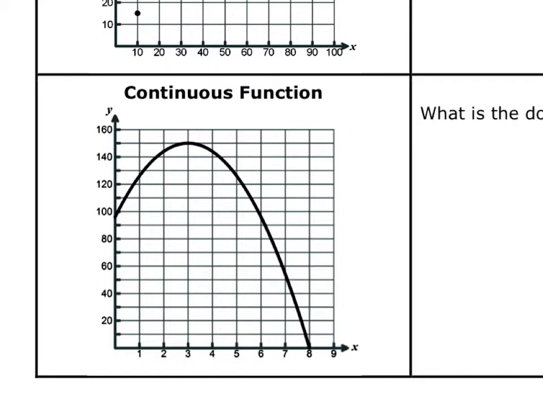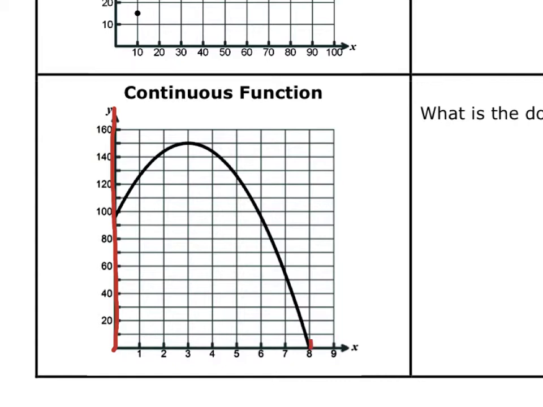In order to figure out the domain and range of continuous functions, the first thing we should do is box in our function. We need to see how far left it goes and also how far right it goes. So I'm going to follow the line all the way to the left, and I see that it stops at the y-axis. So I'm going to draw a vertical line down on the y-axis. Then I'm going to follow it all the way to the right, and I see that it dead ends at 8.